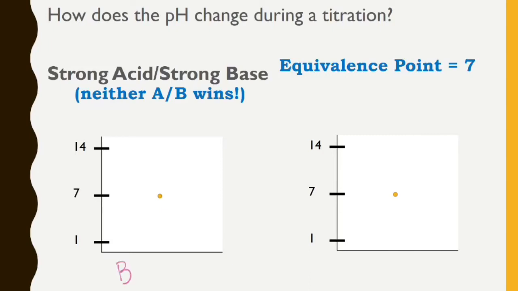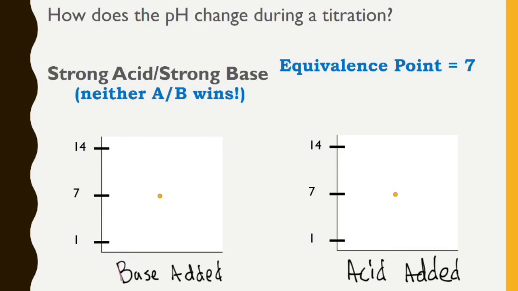And we're going to label this first one, and I'll use an actual readable color here, base added and acid added. So that's how we're going to treat this x-axis here, is the amount of our standard that was added, and these two different graphs are for these two different situations.